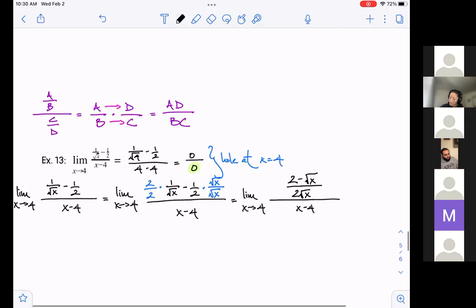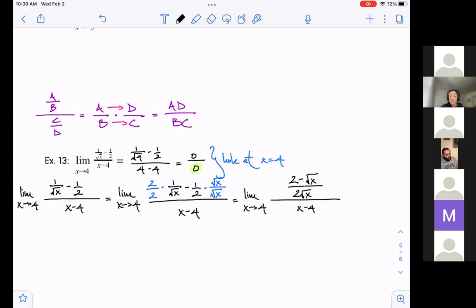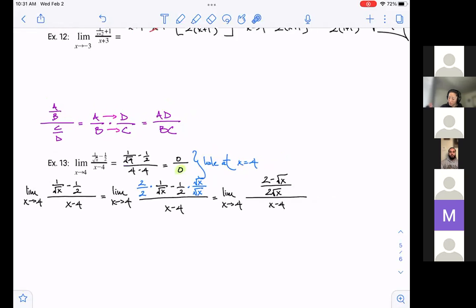Now, I didn't write as many steps as I did in the previous problem, so I just want to pause for a moment. How are we feeling about what happened in the numerator here? Okay. All right.